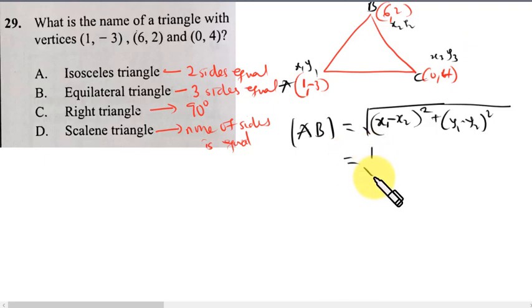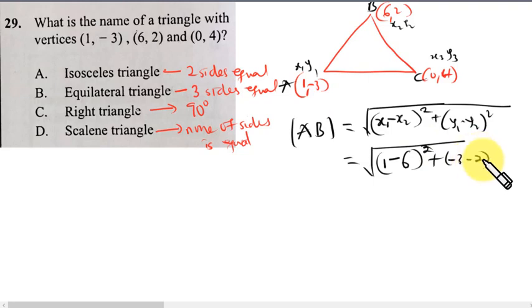So the magnitude of this, for A and B, we are going to have 1 minus 6, because we are talking about x1 and x2 here, all squared. Then we have -3 minus 2, also all squared. So what are we going to have here?